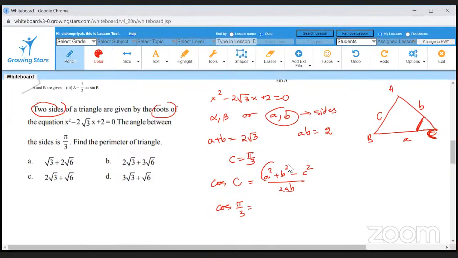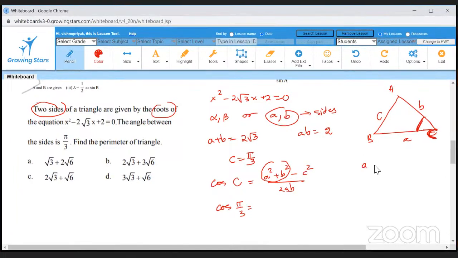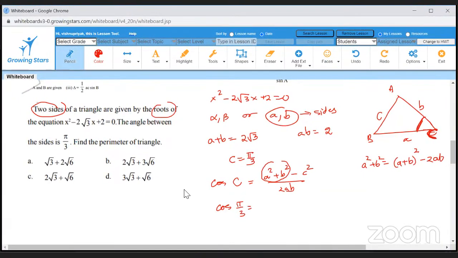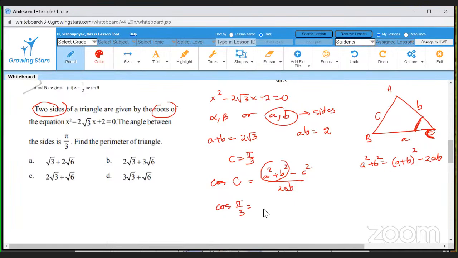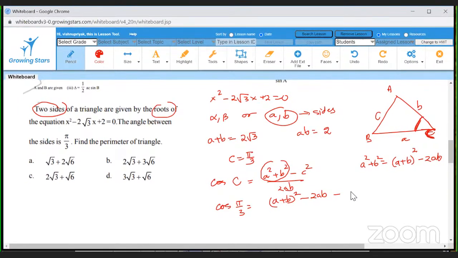You can write A square plus B square as (A plus B) whole square minus 2AB, minus C square by 2AB.